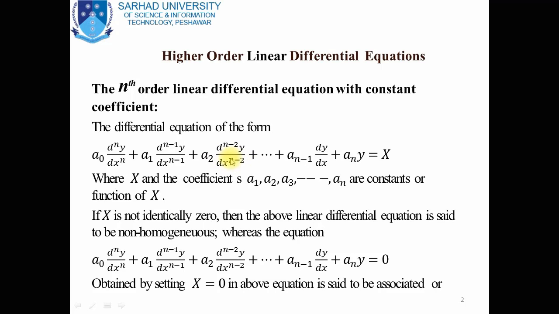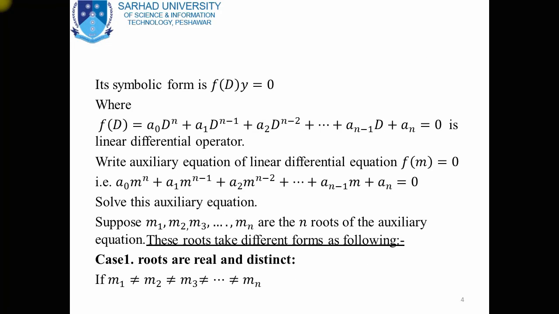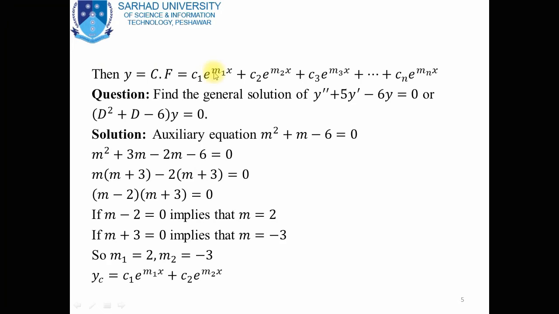But in this lecture today, we have only discussed the case when the equation is homogeneous with constant coefficients and the roots of the auxiliary equation are real and different. Then the complementary solution takes this form, c1 e power m1x plus c2 e power m2x plus c3 e power m3x plus and so on plus cn e power mnx.